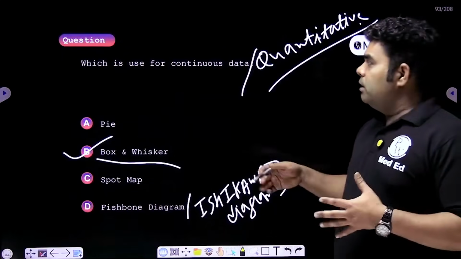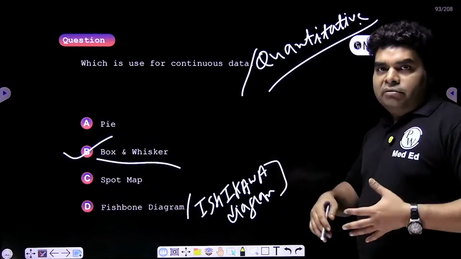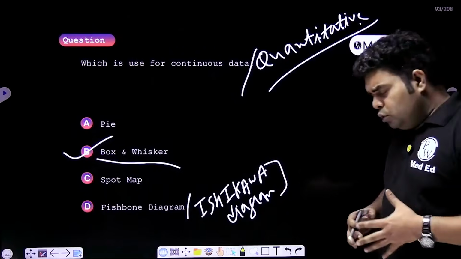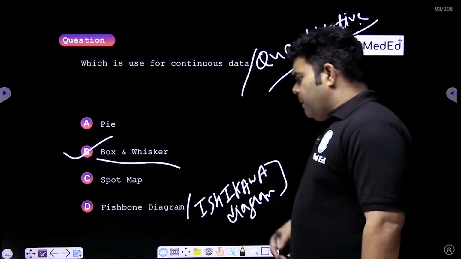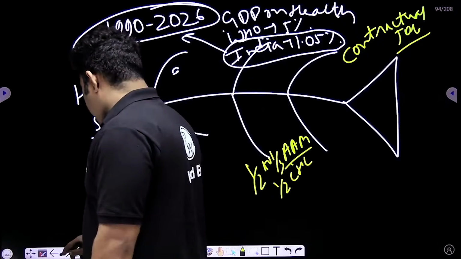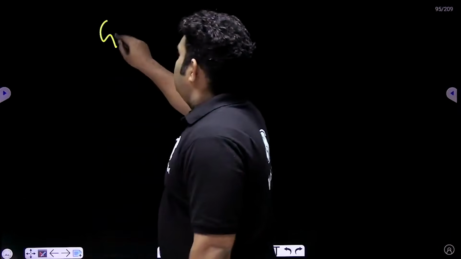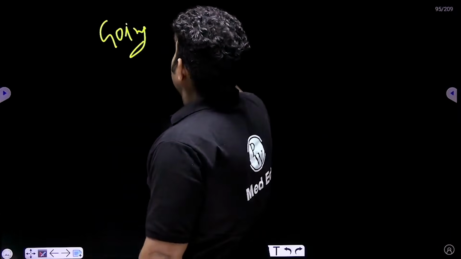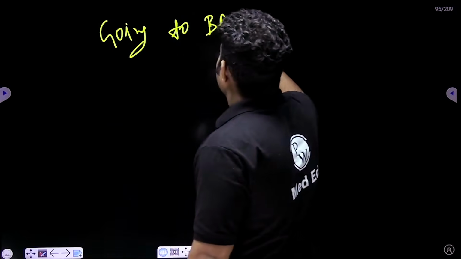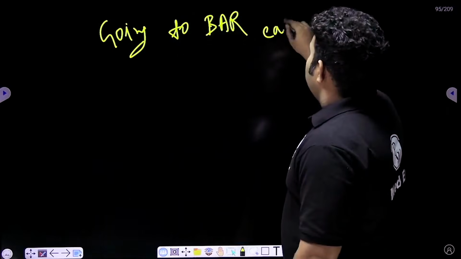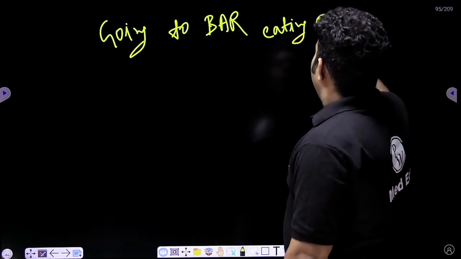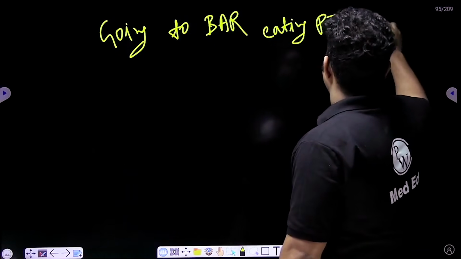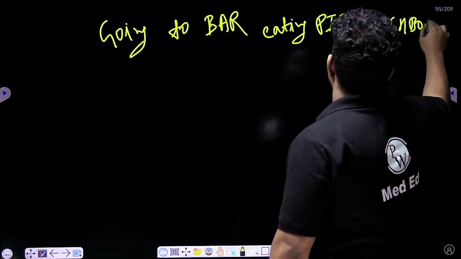So how will you remember how to separate quantitative and qualitative? During my MBBS time, I used to remember it with this mnemonic: going to a bar, okay, eating pie or fishbone. Does anybody eat pie or fishbone in a bar?